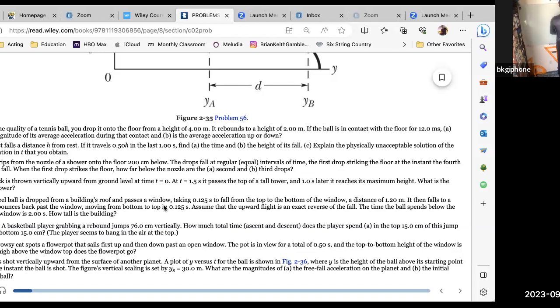And just to break it into two parts, maybe this is down and this is up. The ball is falling down at that point, and then it bounces and then goes back up. So that's what I would say steps 1 through 4 would look like for me for this thing.